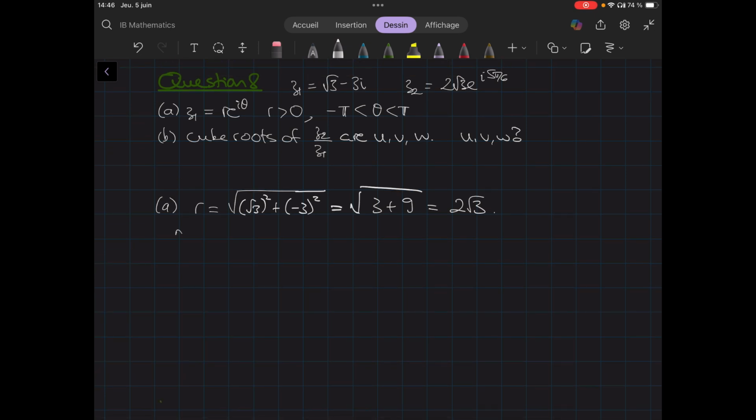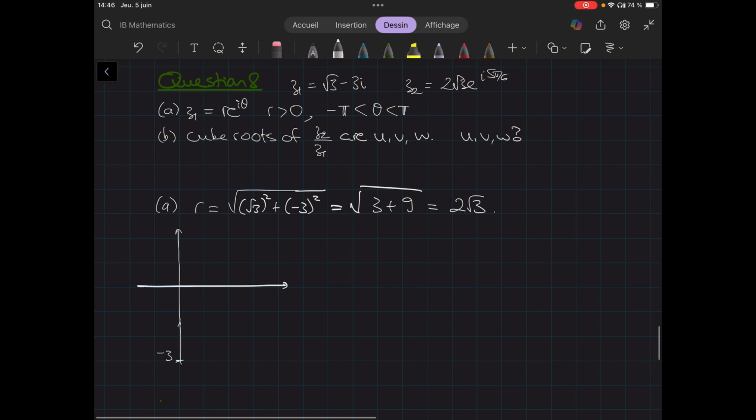I always tell my students to quickly locate the complex number on the Argand diagram. Negative 3 is here. Root 3 is somewhere over here. Your z1 will be somewhere over there. The argument of z1 is going to be this angle.